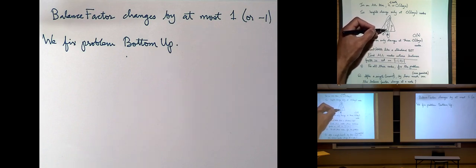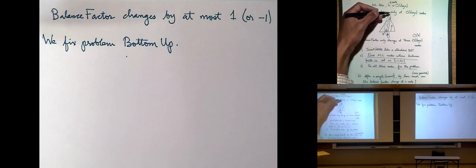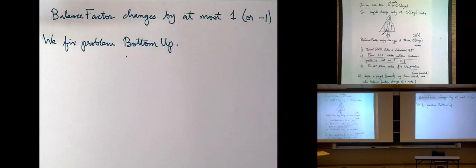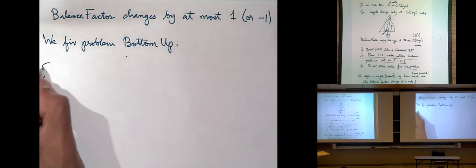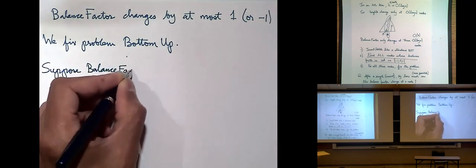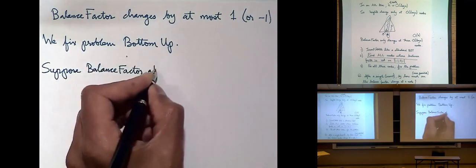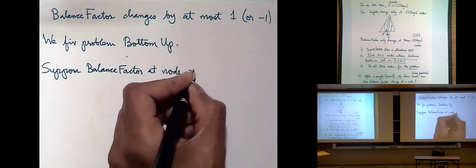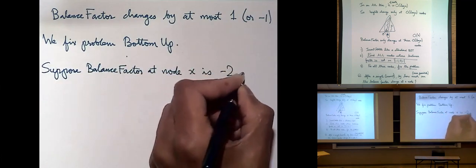And if it is, we fix it. Then we move up, and fix it, move up, and so on and so forth. And so suppose the balance factor at a node x is -2 or 2.